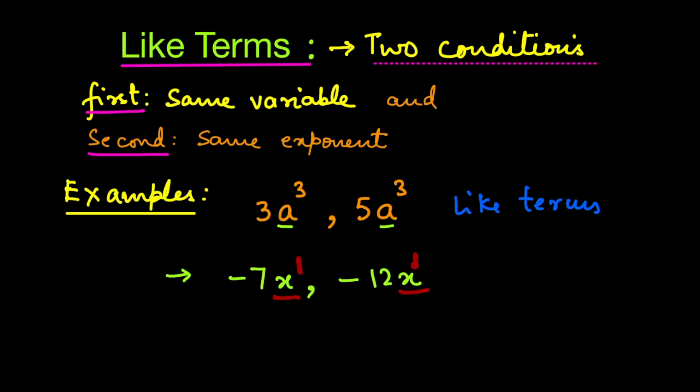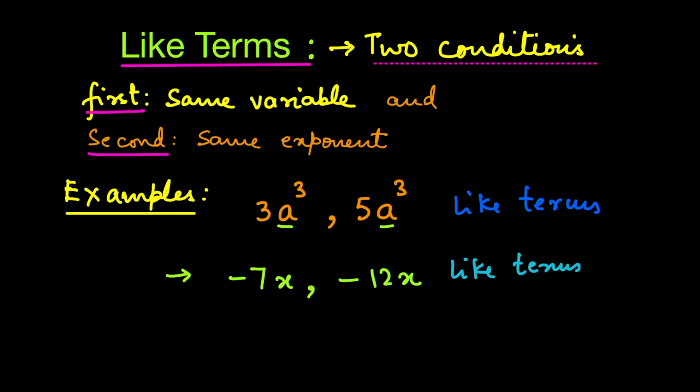So that means same variable and the same exponents. We are not bothered about the numerical coefficients. They can be anything: positive, negative, fraction. The only thing we have to consider is the variable and their exponents. They should be the same, and now we conclude these are like terms.